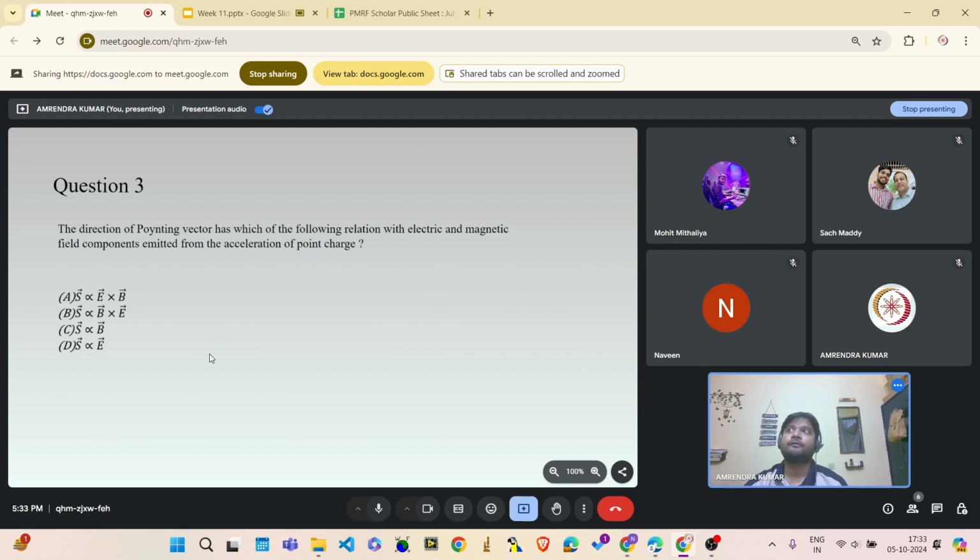That depends on the cross product of E and B, that we know. If you know the direction of your electric and magnetic fields, then you can easily calculate the direction of the pointing vector, and that is given simply as E cross B.